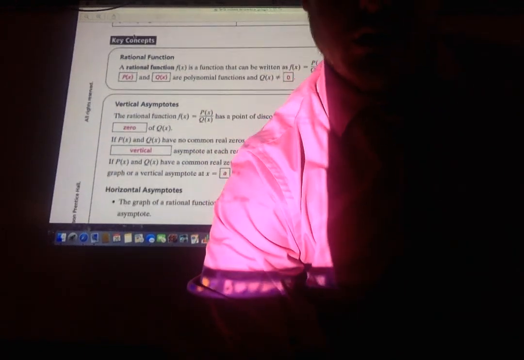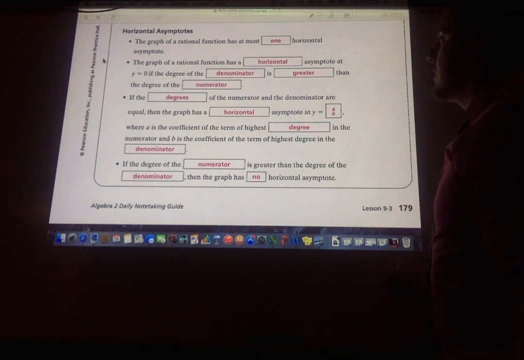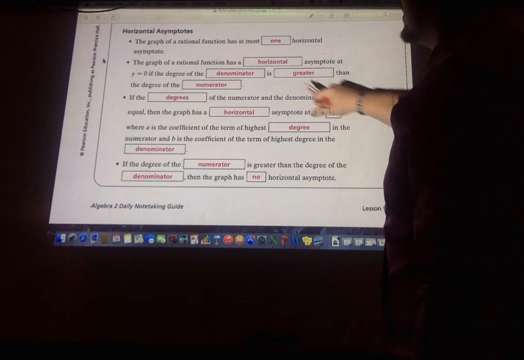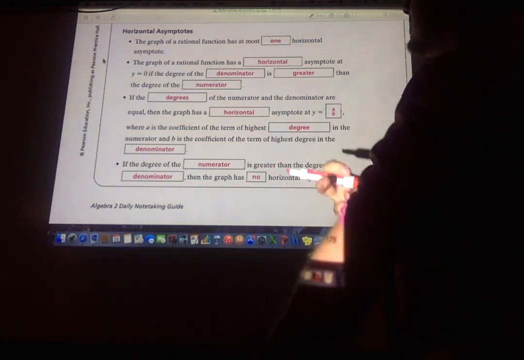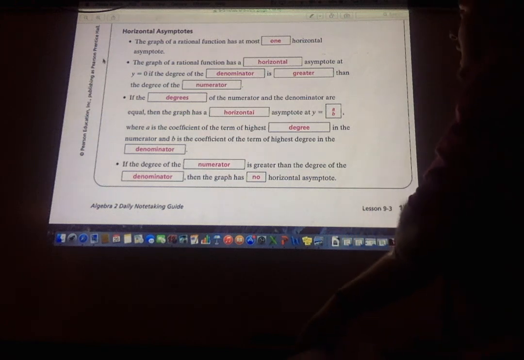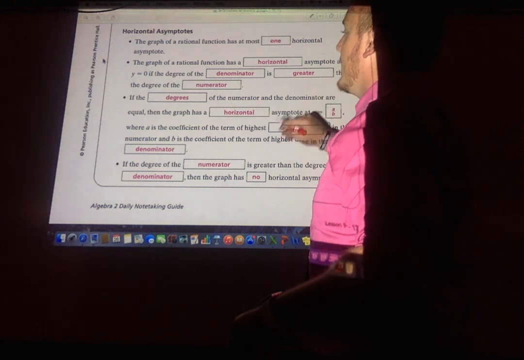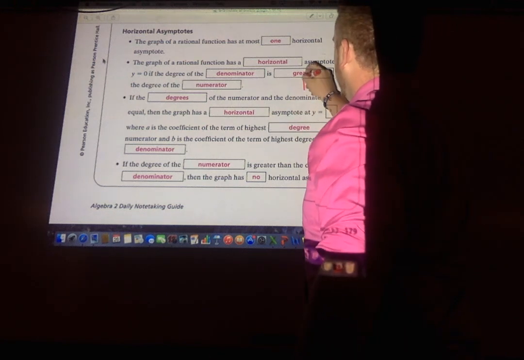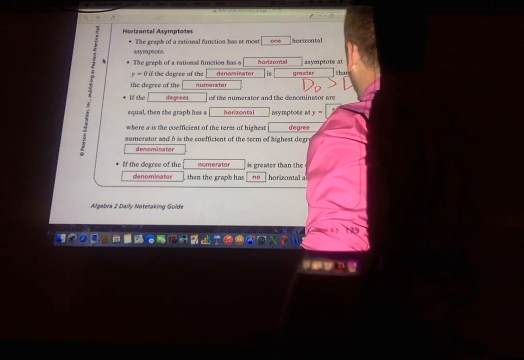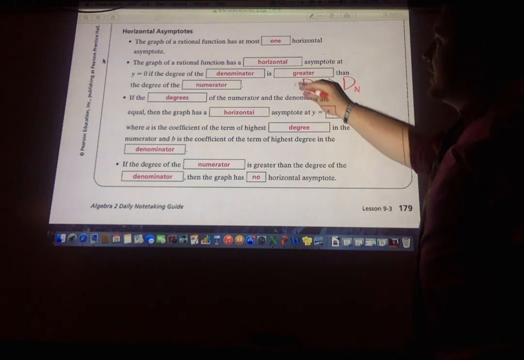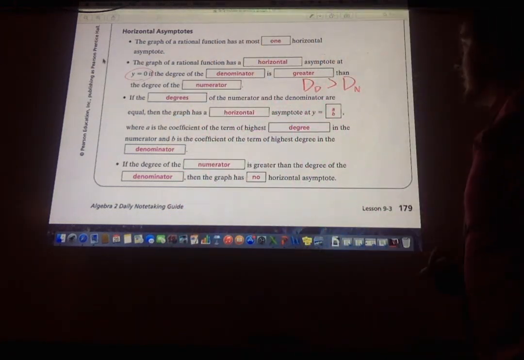All right, scrolling down here, horizontal asymptotes, sorry. The graph of a rational function has at most one horizontal asymptote, all right, 1. The graph of a rational function has a horizontal asymptote at y equals 0 if the degree of the denominator is greater than the degree of the numerator. So, degree of the denominator greater than the degree of the numerator, then the asymptote is at y equals 0.